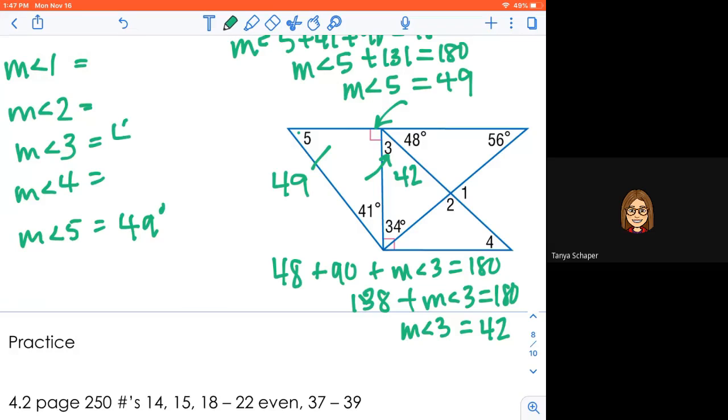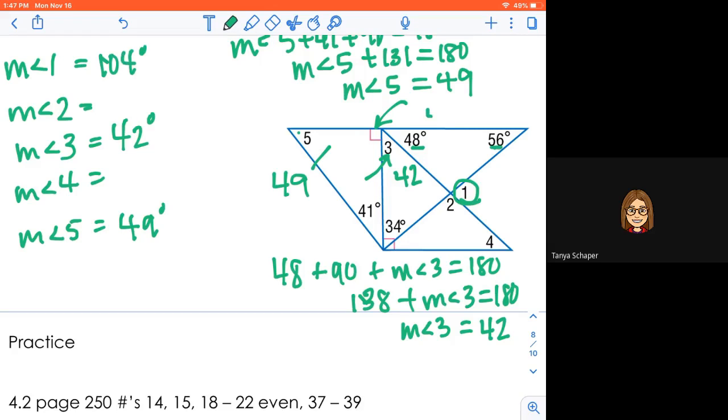So I'm just jumping all over with how I'm doing this. No one says you have to do it in a certain order. I do know that 1 is an exterior angle, and 48 and 56 are the remote interior angles. And the sum of those two is equal to the measurement of angle 1. So the measurement of angle 1 would be 48 plus 56, which would be 104 degrees.